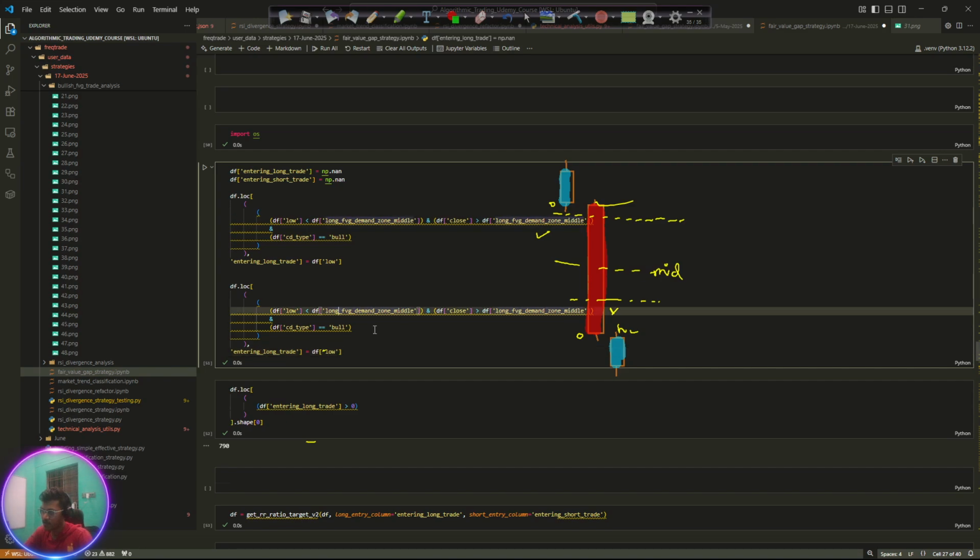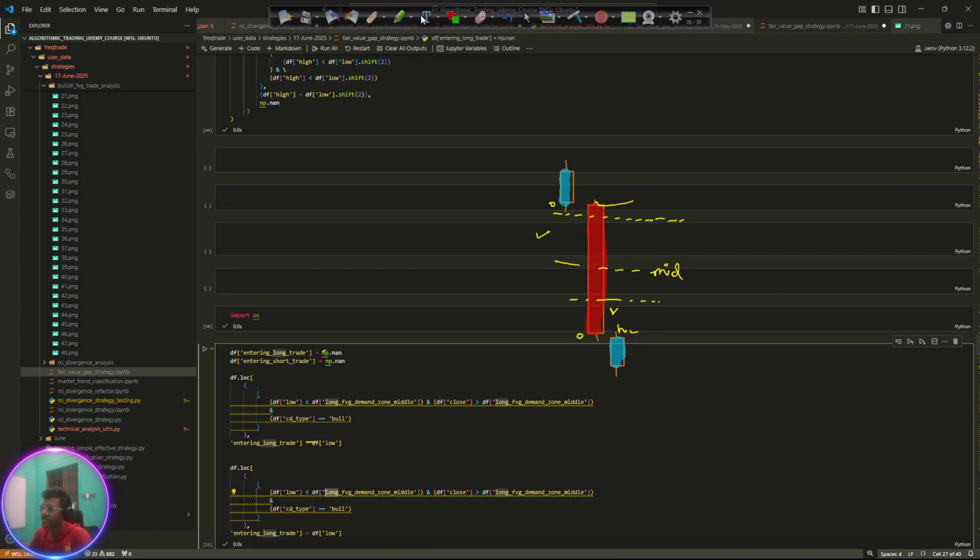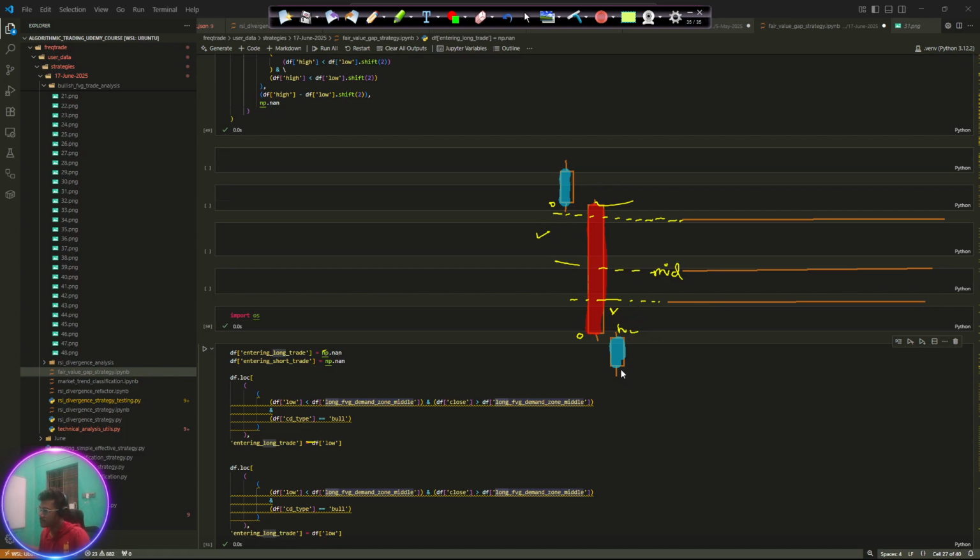When we take a trade, suppose we extend these lines, here is the midpoint. The market comes down, goes up, down, goes up, and then comes back to this area. Now either it can go down, or it goes up and then from there goes down.